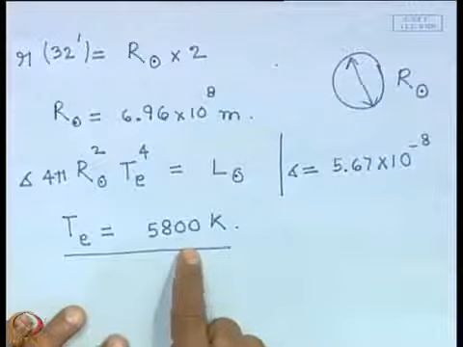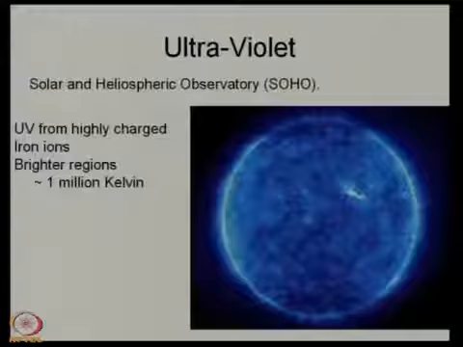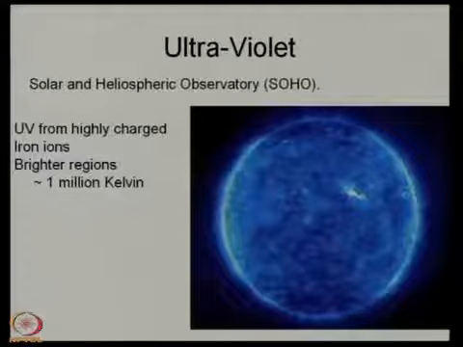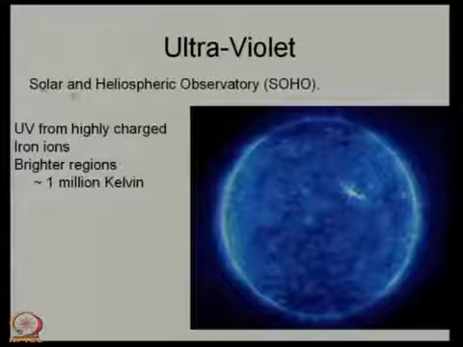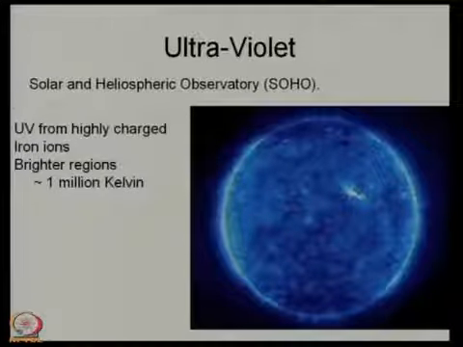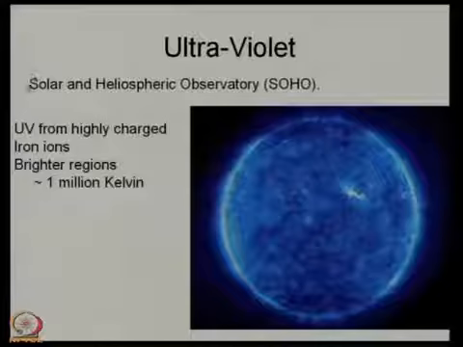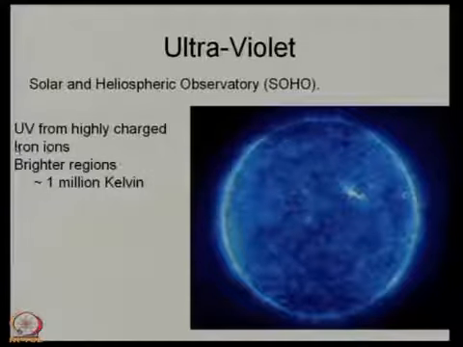The same is true for the far ultraviolet. This is an ultraviolet image of the sun from the SOHO observatory, a space observatory.